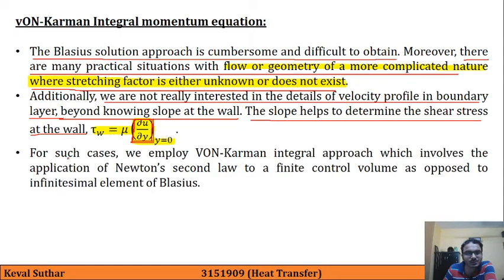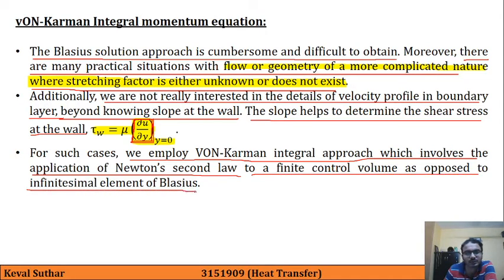For such cases, we employ von Karman integral approach, which involves the application of Newton's second law to a finite control volume as opposed to infinitesimal element of Blasius. So if you recall, in case of Blasius solution, we were utilizing the infinitesimal element.